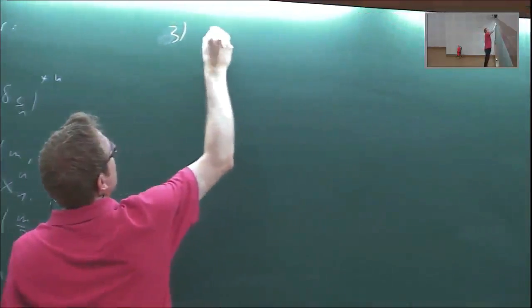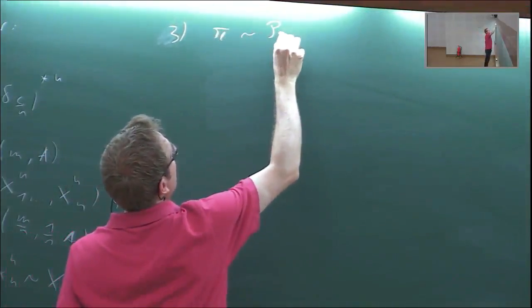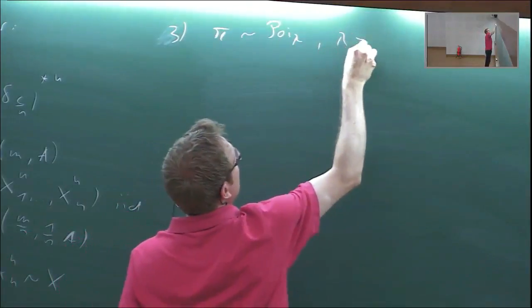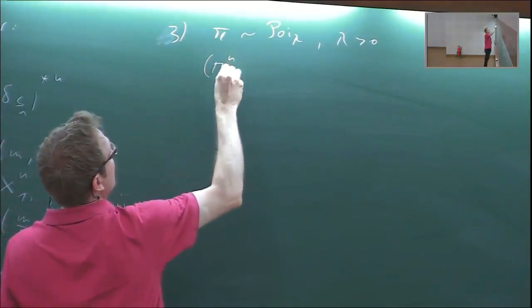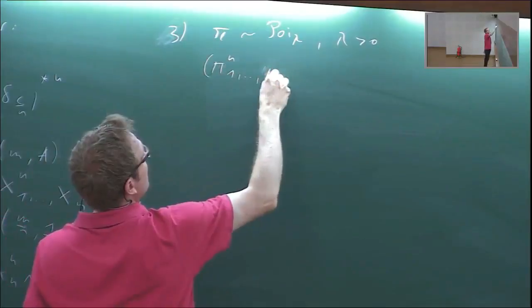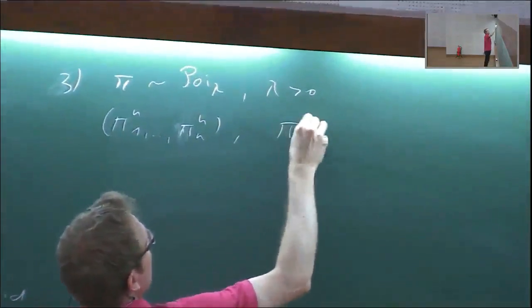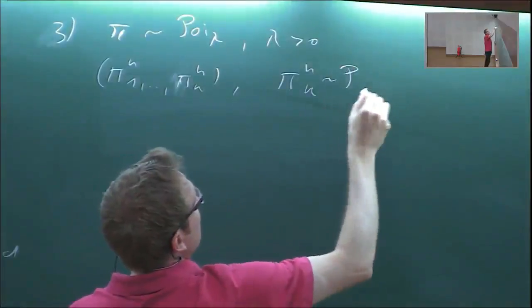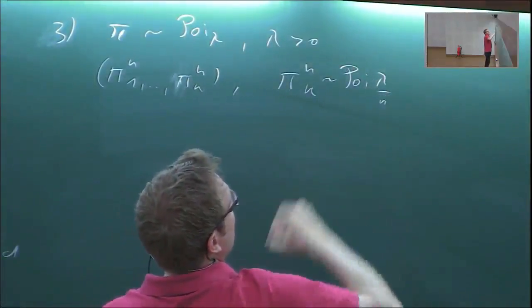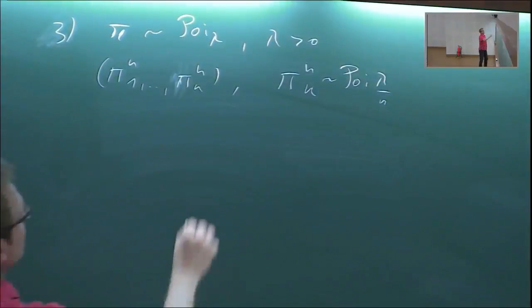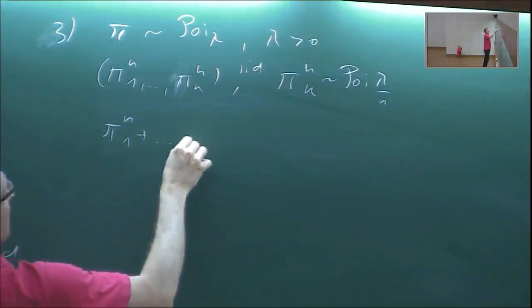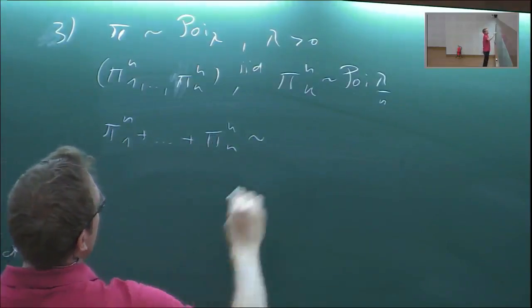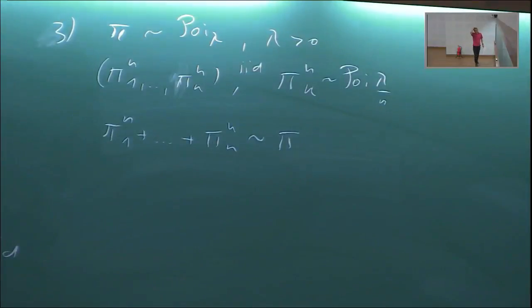If we have a Poisson distribution with some positive intensity lambda, then we can always find pi n1, ..., pi nn, each of them pi nk distributed with intensity lambda over n, IID, such that once again the sum is distributed like pi. Okay, so this was what we have seen.